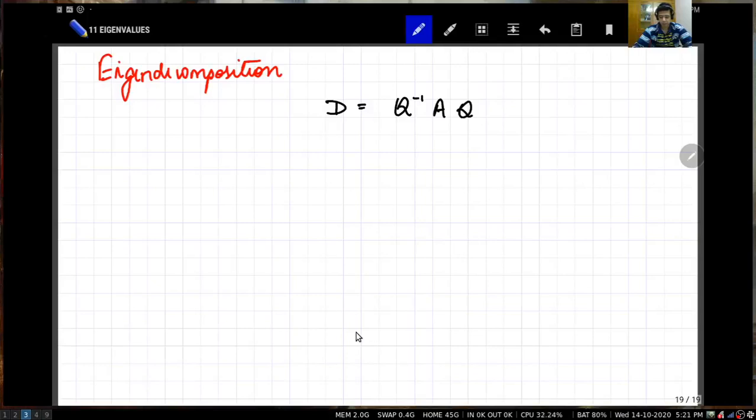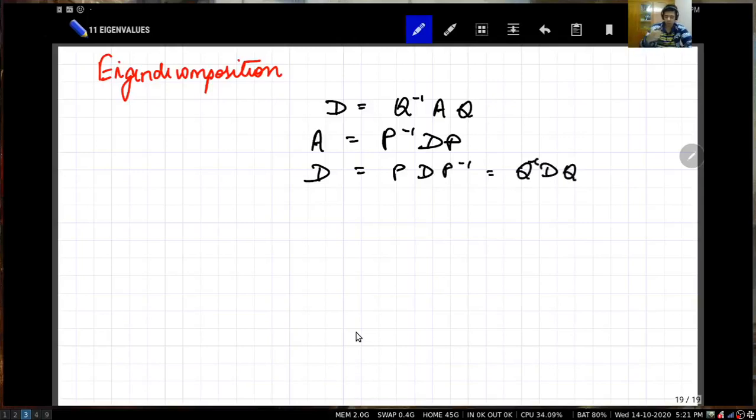There's a canonical form: every diagonalizable matrix A can be written as P inverse D P, or equivalently we can write A as P D P inverse, or Q inverse D Q, where Q is P inverse.